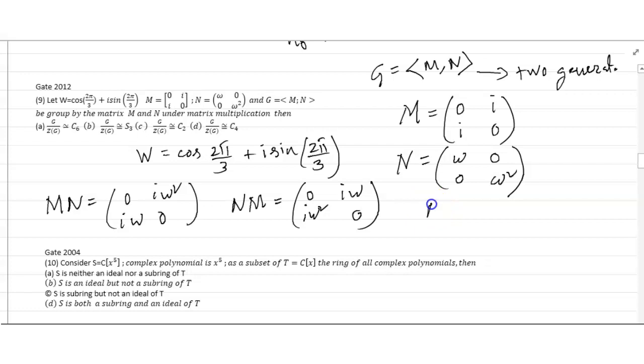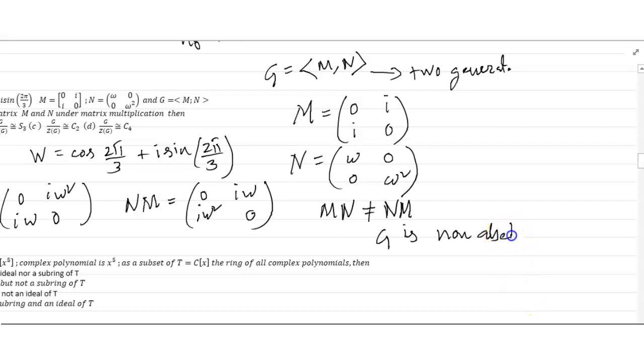So MN does not equal NM, so it is a non-abelian group. So G is a non-abelian group.